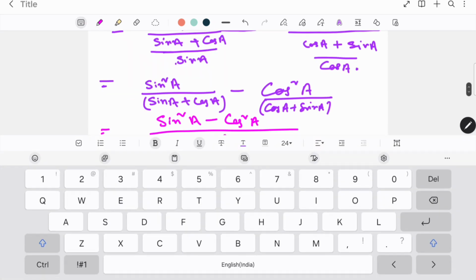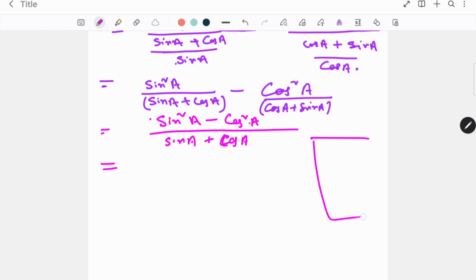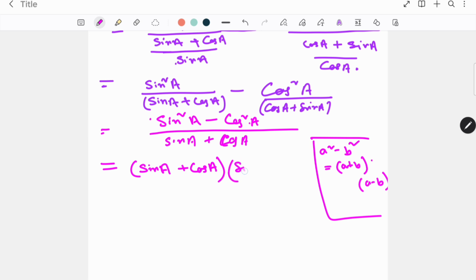Now we will have a formula. We know this sin square a minus cos square a will have a formula. What formula? The a square minus b square formula. A square minus b square is a plus b into a minus b. So we will have sin a plus cos a and sin a minus cos a.